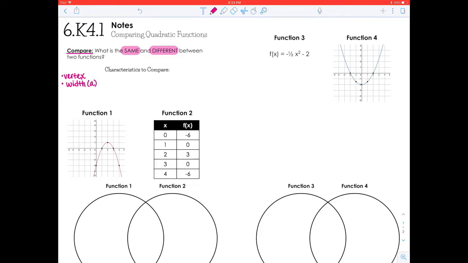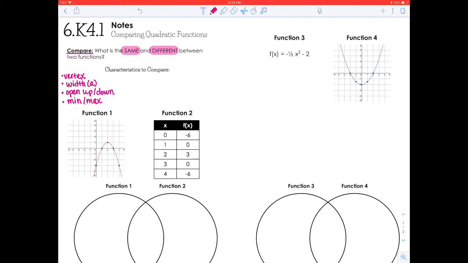Does it stay normal? Does it get skinnier or wider? And then also A tells you the direction that it's opening. So does it open up or down? Which also tells you whether it has a minimum or a maximum. So those two key features as well.